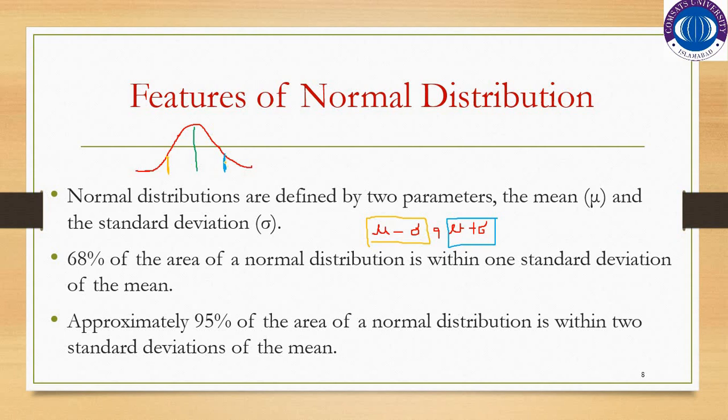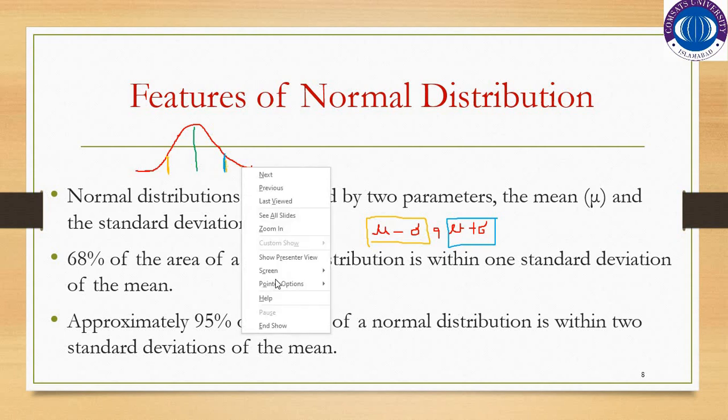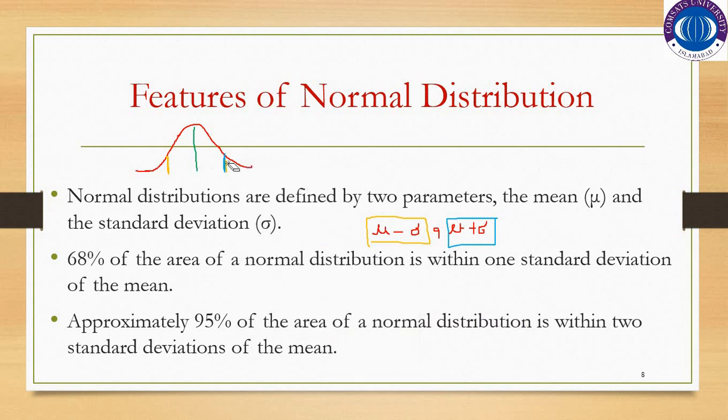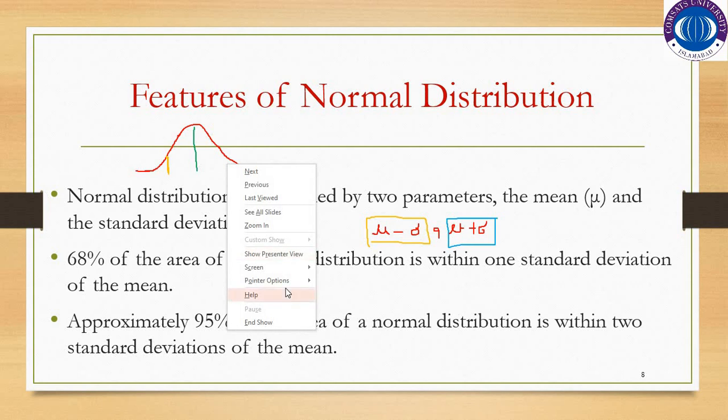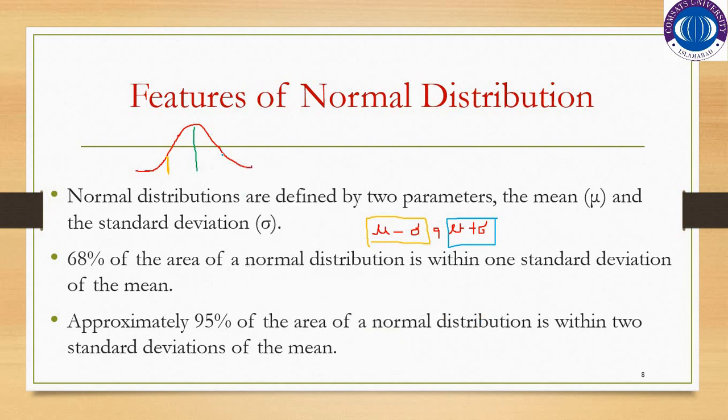So now what are they saying? They are saying that the total area between this particular interval, mu minus sigma and mu plus sigma, is 68%.